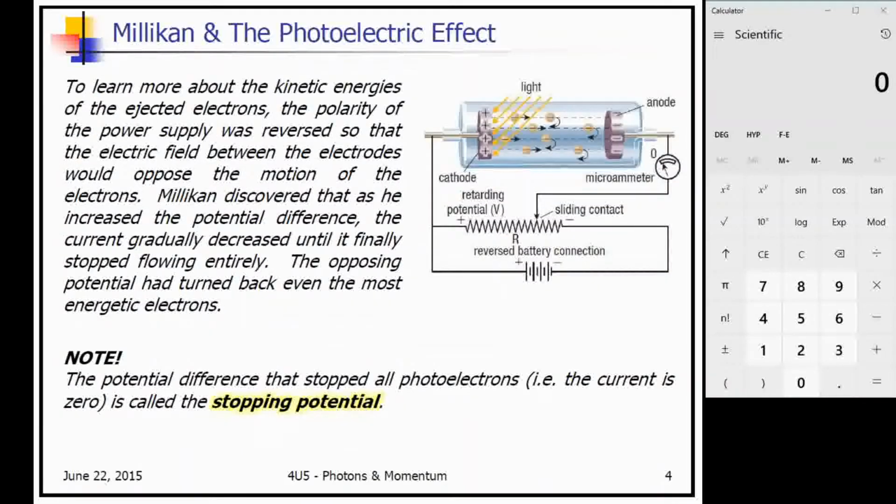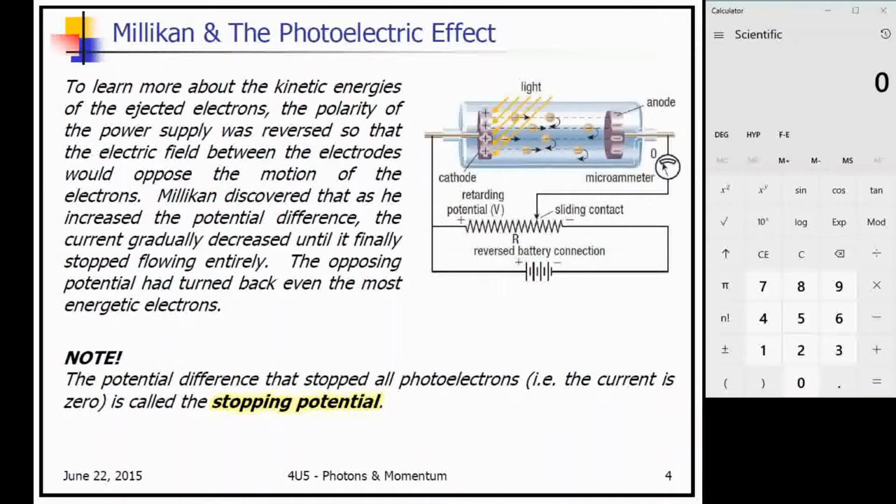So to learn more about the kinetic energies of the ejected electrons, the polarity of the power supply was reversed so that the electric field between the electrodes would oppose the motion of the electrons. What Millikan discovered was that as he increased the potential difference, the current gradually decreased until finally it stopped flowing entirely. This opposing potential had turned back even the most energetic of electrons.